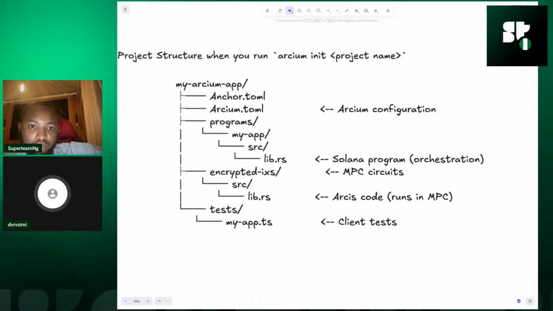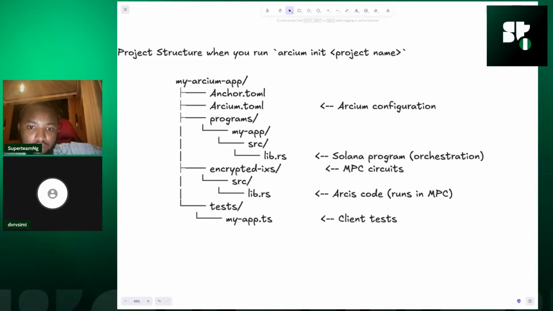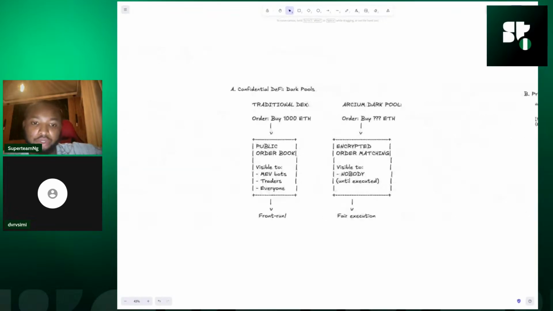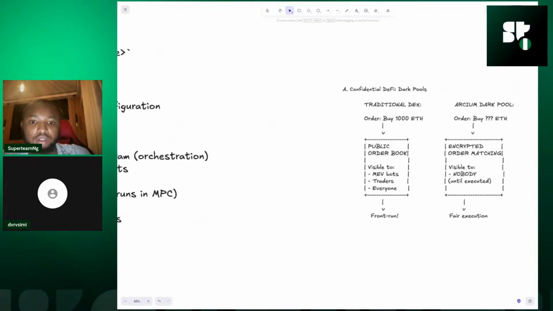And then you can see that this is basically how an Anchor project looks, except for the encrypted instruction and the Arcium.toml configuration file. Okay, wait, before you scroll further.